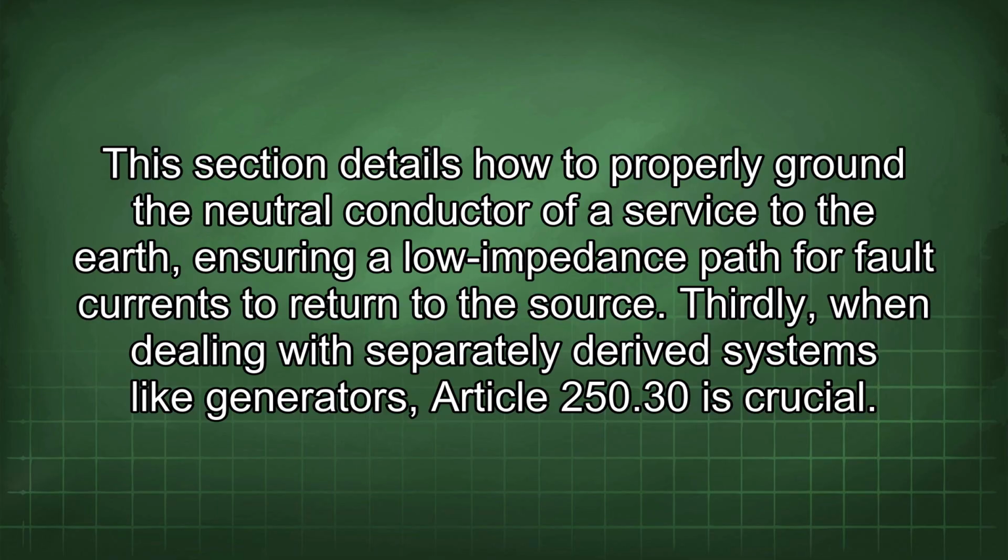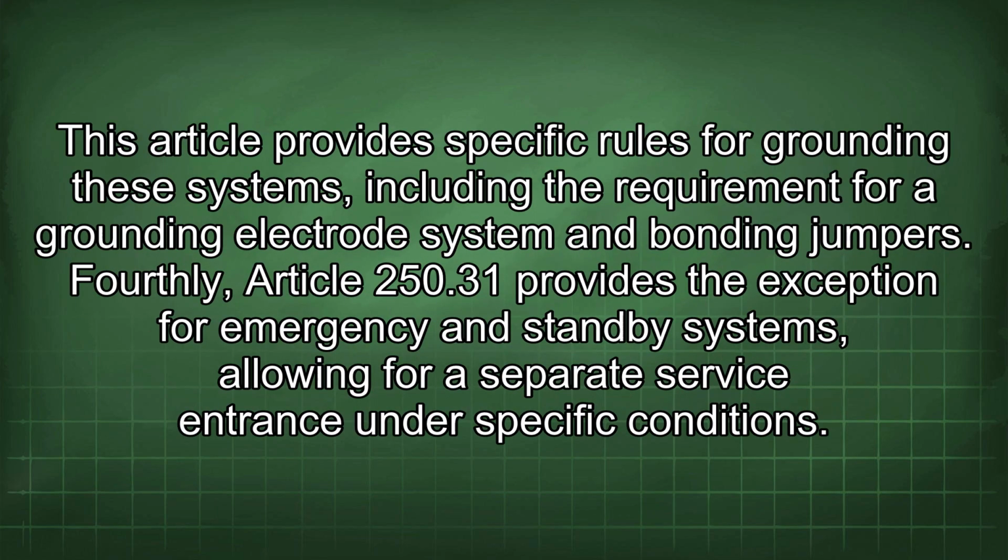Thirdly, when dealing with separately derived systems like generators, Article 250.30 is crucial. This article provides specific rules for grounding these systems, including the requirement for a grounding electrode system and bonding jumpers. Fourthly, Article 250.31 provides the exception for emergency and standby systems, allowing for a separate service entrance under specific conditions.